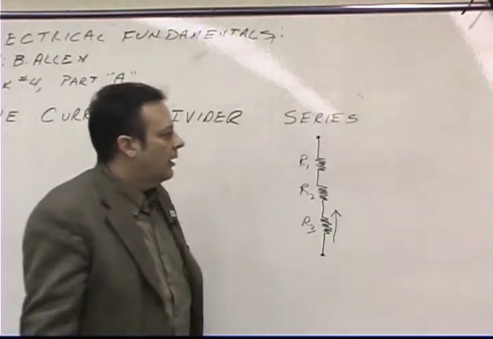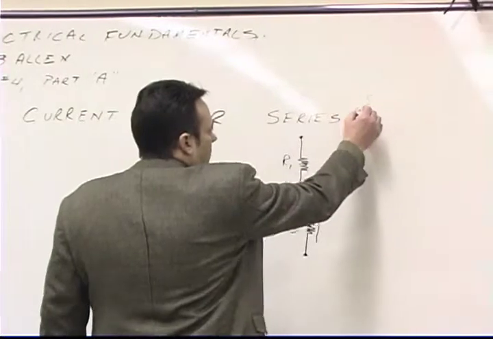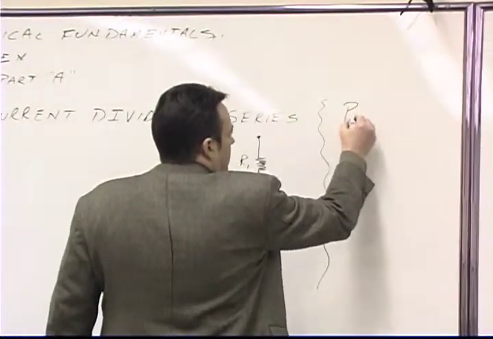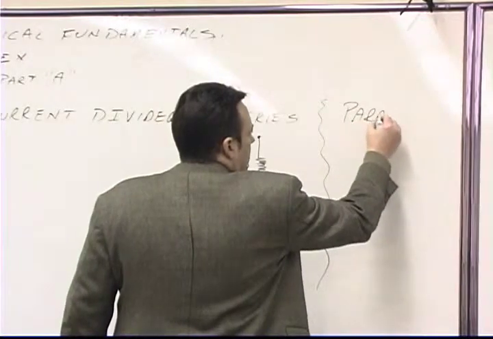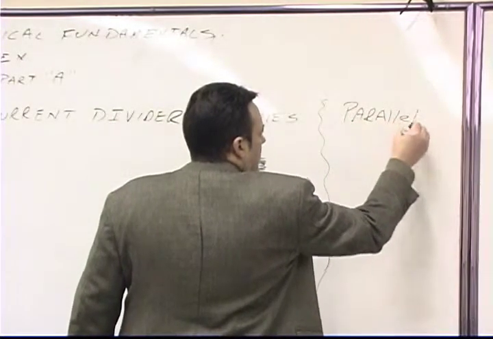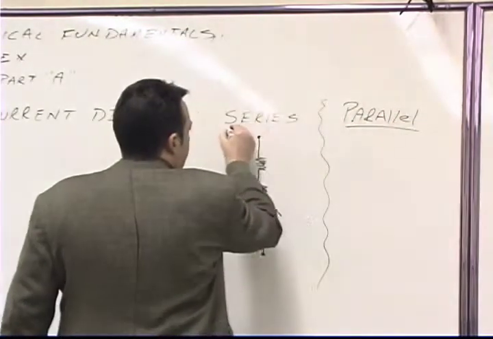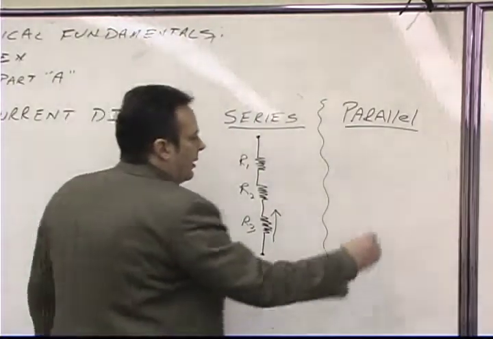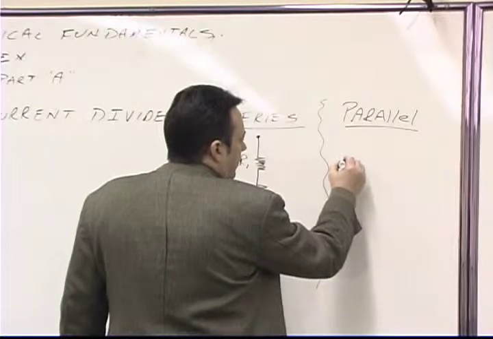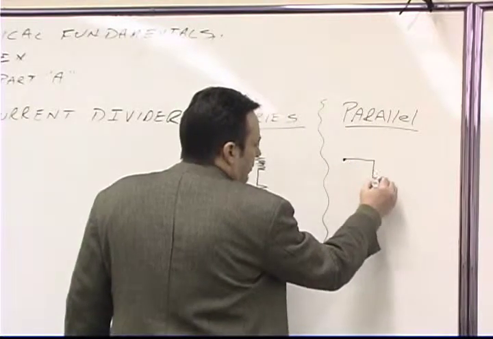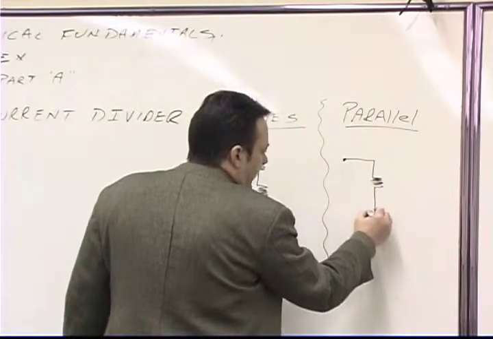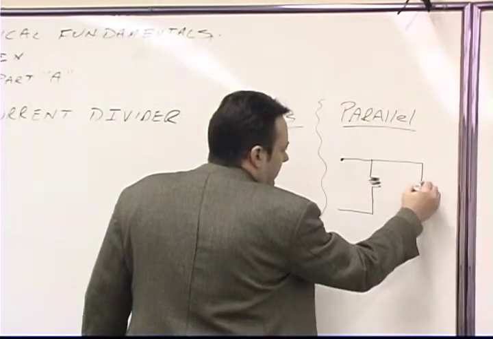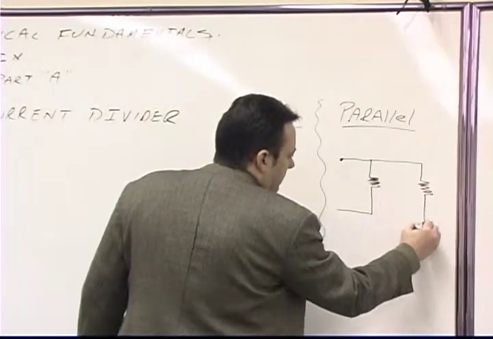Okay. The other one, I'll draw a squiggly line here to separate the board, is parallel. In a parallel circuit, we basically have resistors or loads, that could be capacitors or inductors or other types of loads, that are connected back to back.